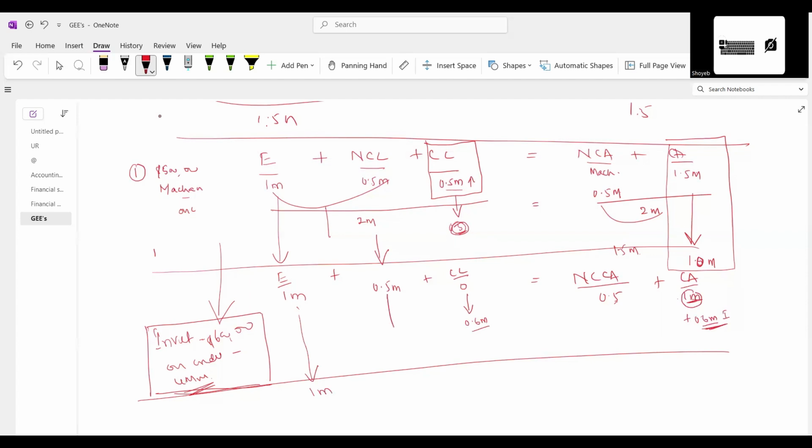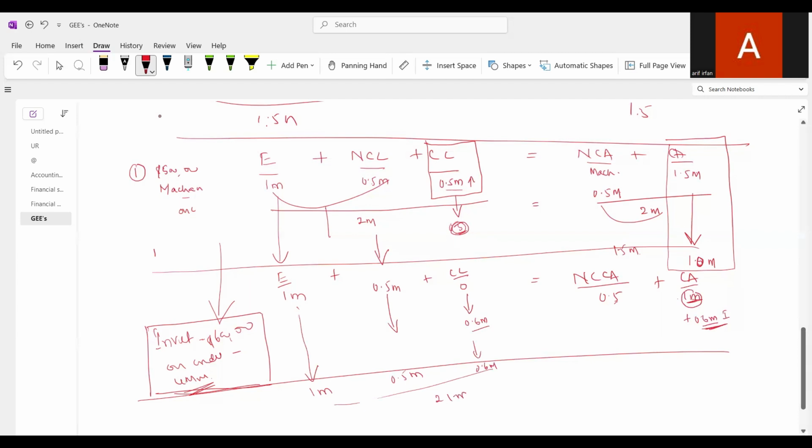Non-current liability no change, 0.5 million. Current liability is 0.6 million. So put together 2.1 million. And here put together 1 million, 0.6 and 0.5. Is this clear, all of you? Yes, clear.